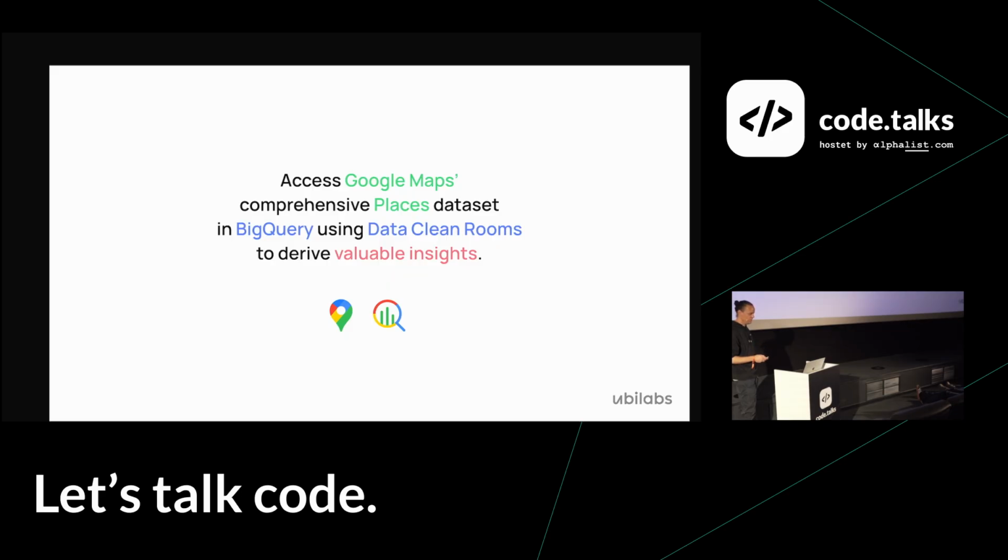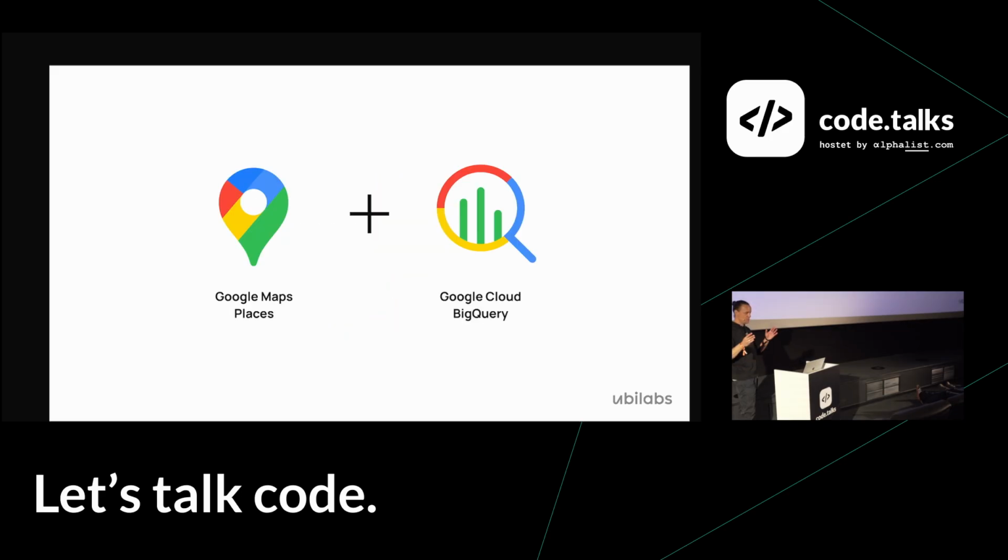What it means is that you have the places information from Google, and you can't just get them individually one by one, but you can do a query within Google Cloud BigQuery to get a better understanding of a specific area or of the surroundings of a place.